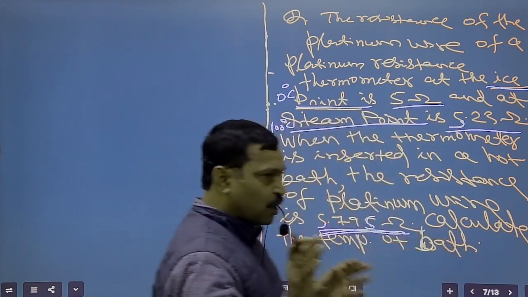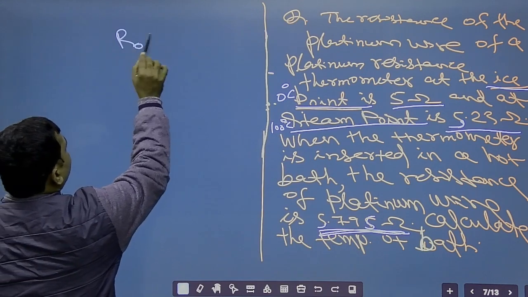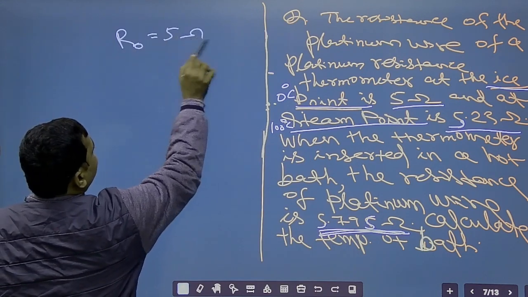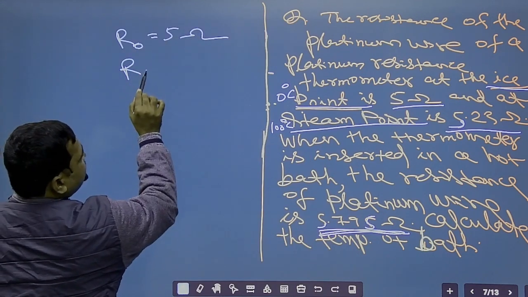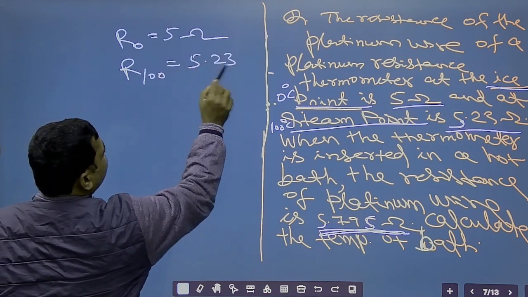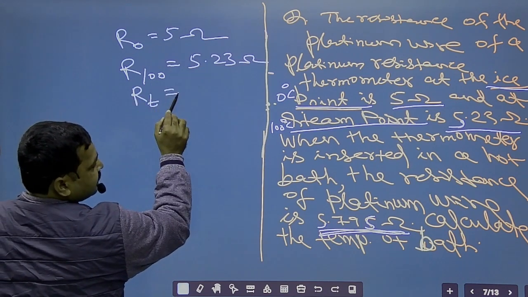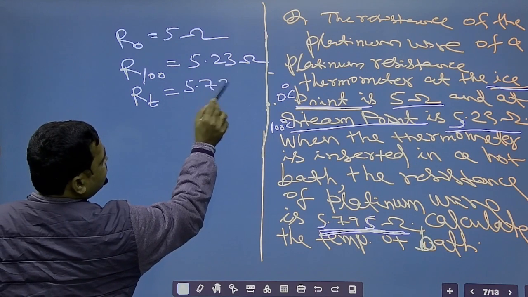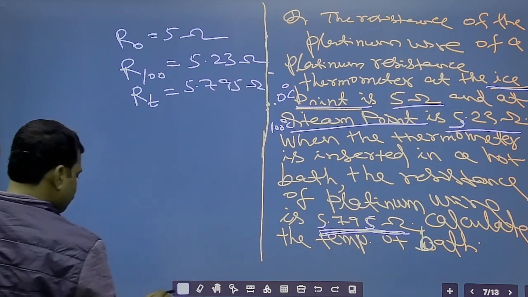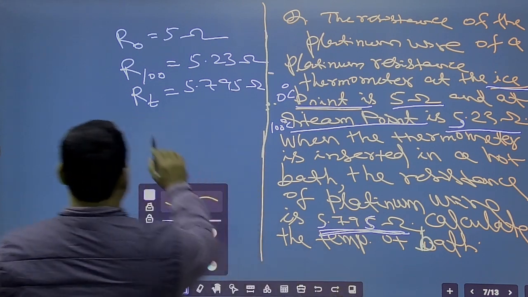So to solve this type of questions, first write down the data given. So here R naught is given as 5 ohm and R at 100 degree Celsius is given as 5.23 ohm and R at a given temperature is given as 5.795 ohm. So what we have to find out here is the temperature.